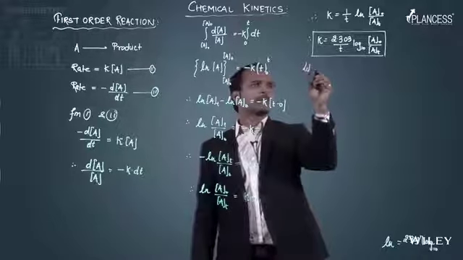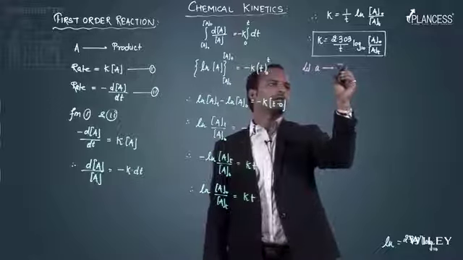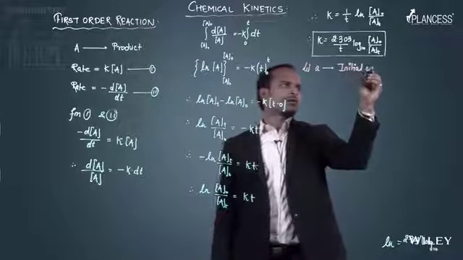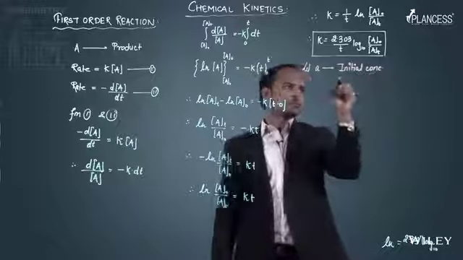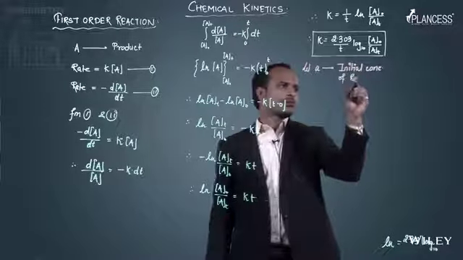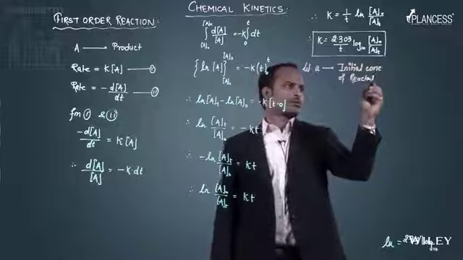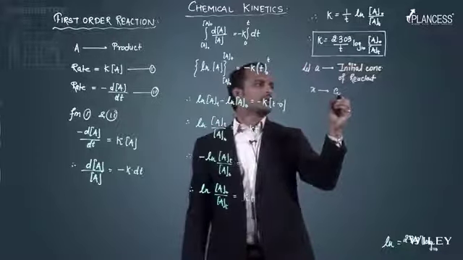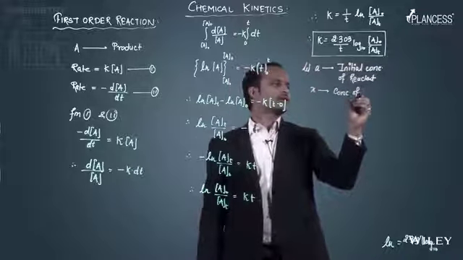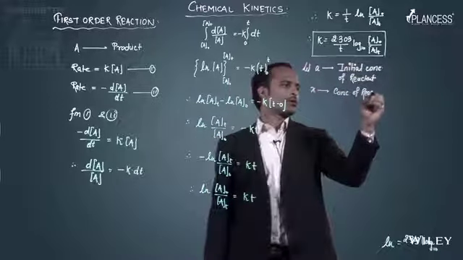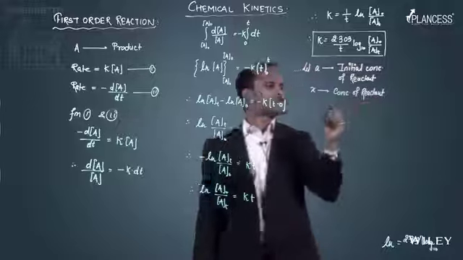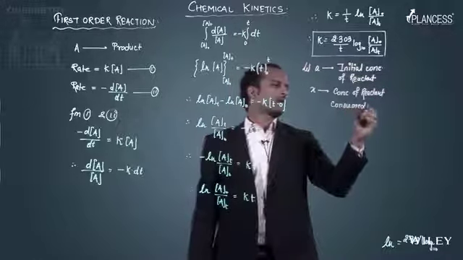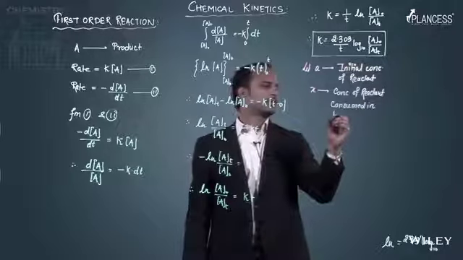So let small a be the initial concentration of reactant, and x be the concentration of reactant consumed in time t.